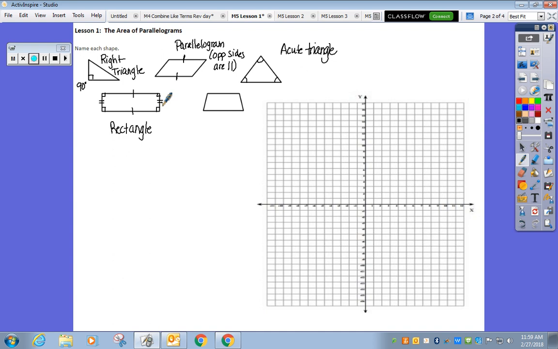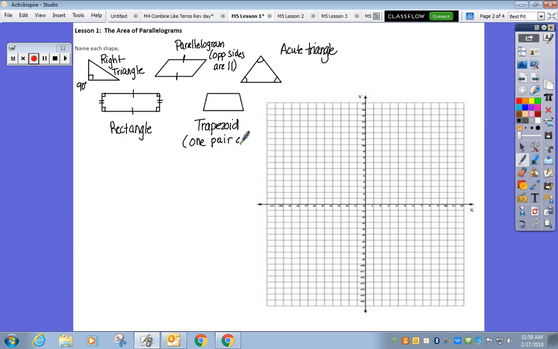The last figure here is a trapezoid. In a trapezoid, it has exactly 1 pair of opposite sides that are parallel and 1 pair of opposite sides that would intersect. So these 2 sides are parallel.